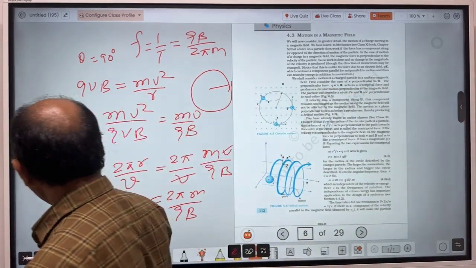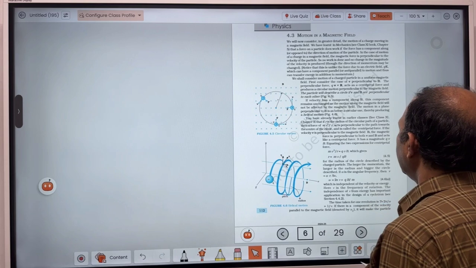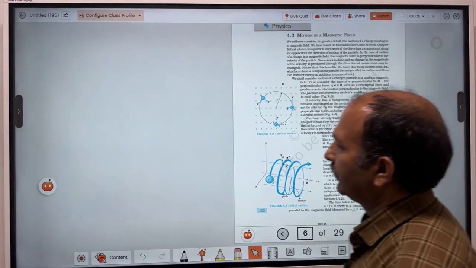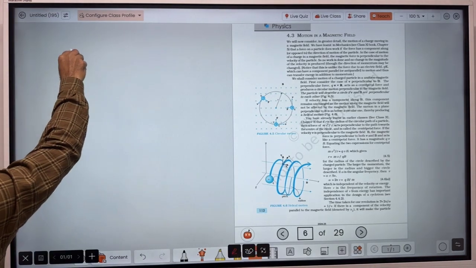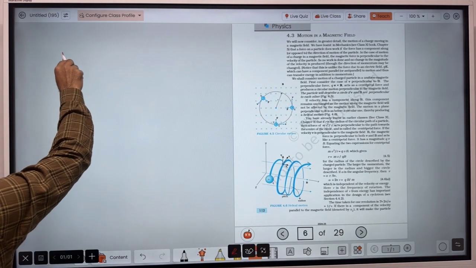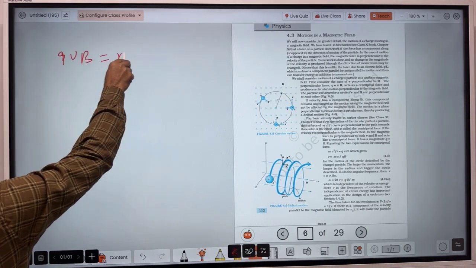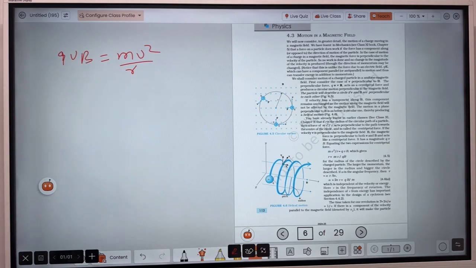Now if we consider kinetic energy, velocity we can get from this relation. Suppose we need kinetic energy. What we have evaluated up to here is that qvB equals mv square upon r, and we need kinetic energy.